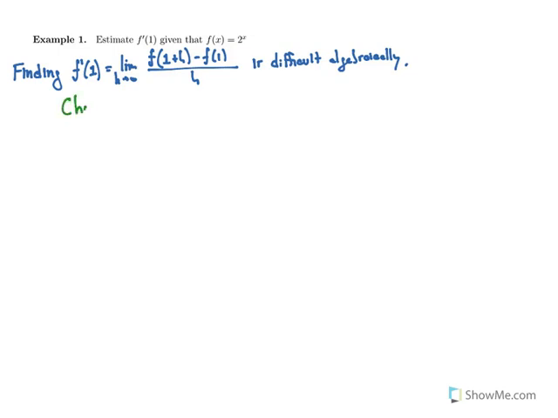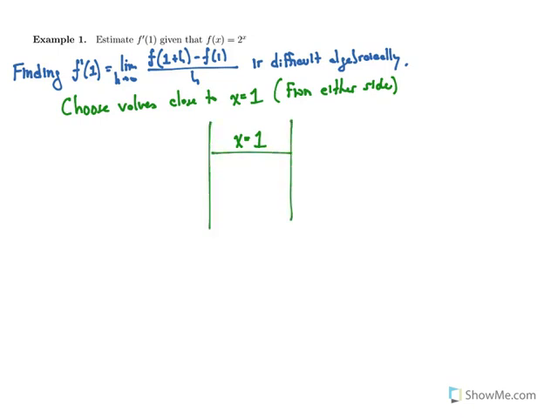So we're going to choose values close to x equals 1 from either side to estimate the derivative. Here's x equals 1. We're going to look at something just below x equals 1 and then something just above x equals 1.